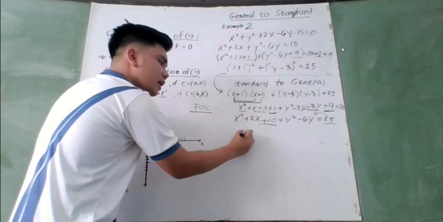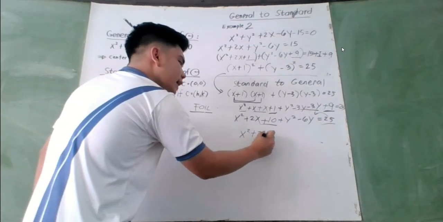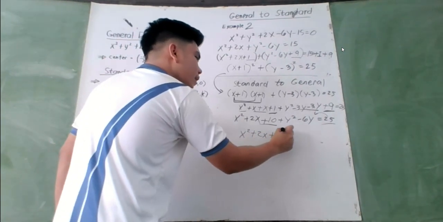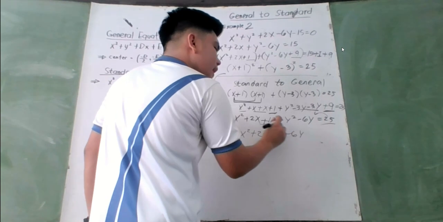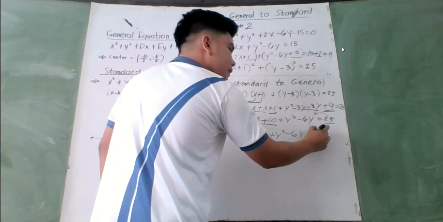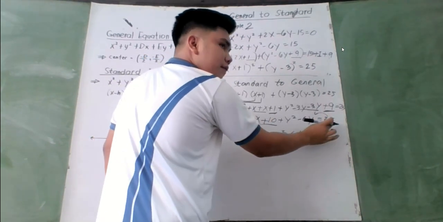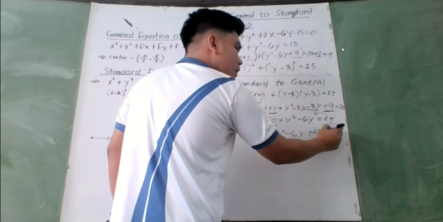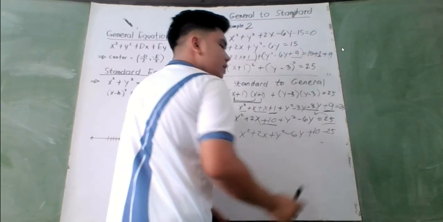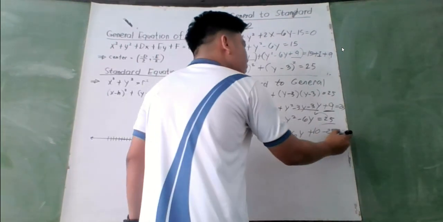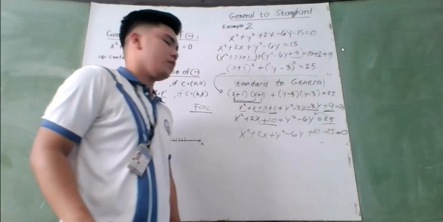So it becomes x squared plus 2x plus y squared minus 6y plus 10 minus 25, because it is being transposed to the other side, is equal to 0.